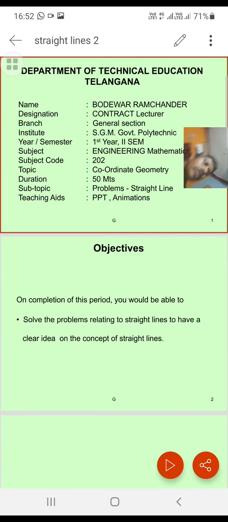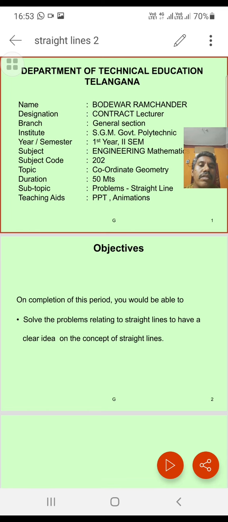So this is today's class. In the previous class we discussed formulas, and in this class we discussed some problems related to the formulas, the different types of problems, the different forms.